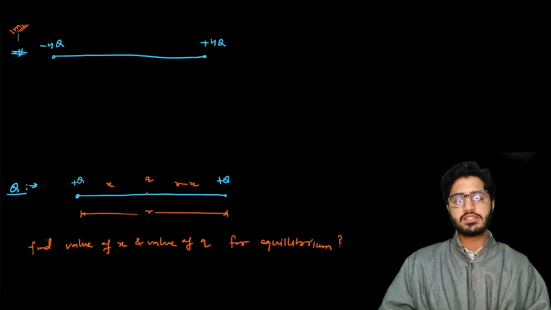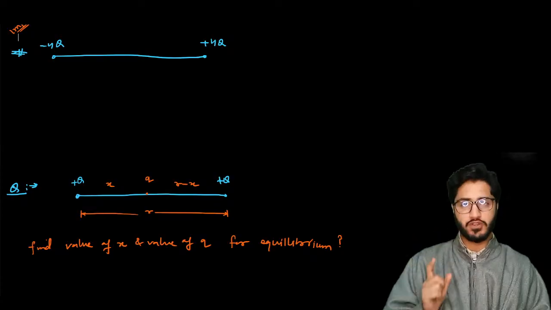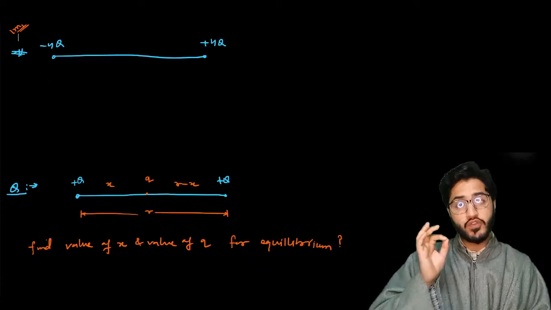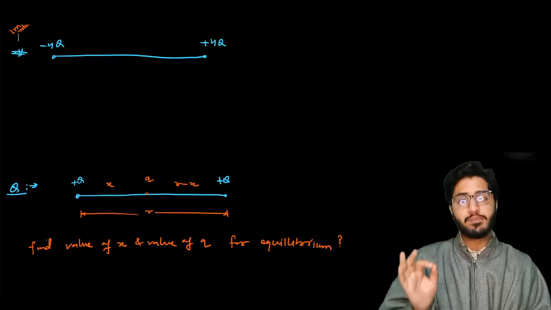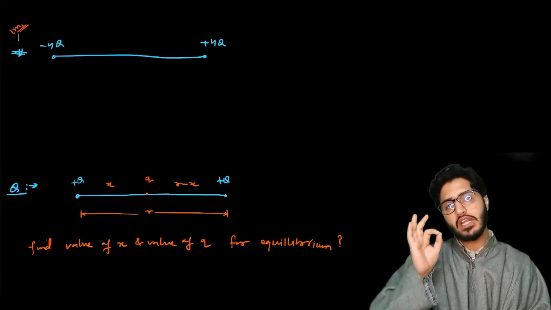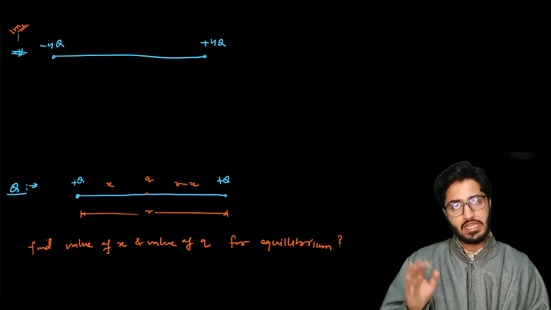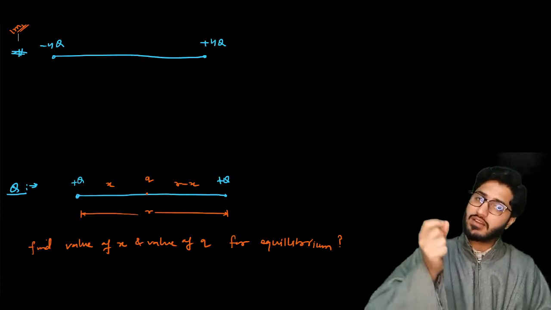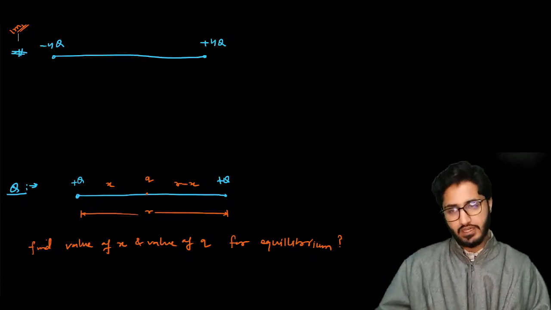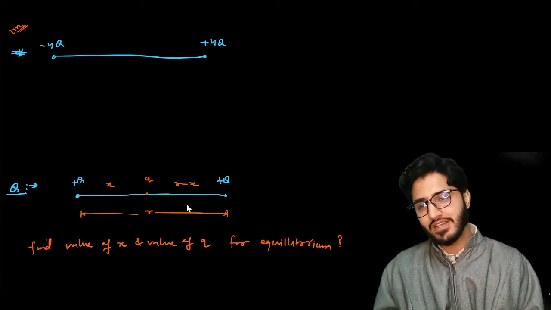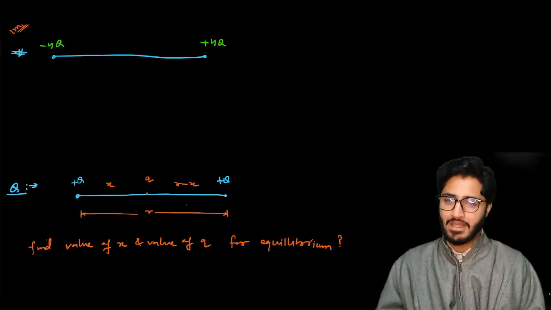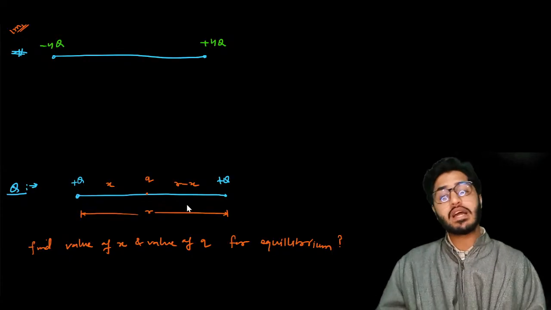Now here the question is, we have minus 4q and plus 4q. That means we have opposite polarity, which indicates that my equilibrium point should be outside, either left side or right side, and it would be closer to the smaller charge. But here we have the same magnitude but opposite sign, minus 4q and plus 4q.